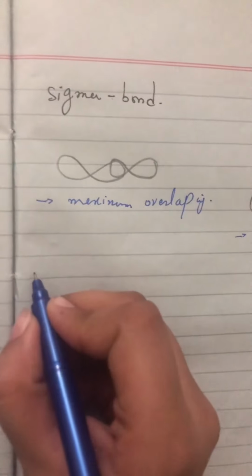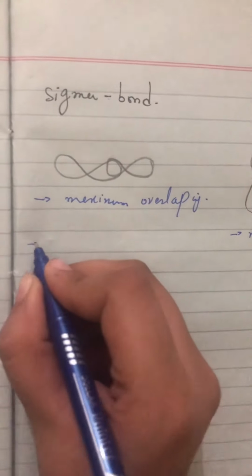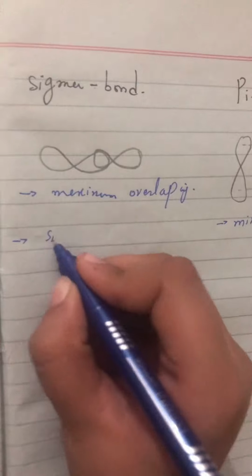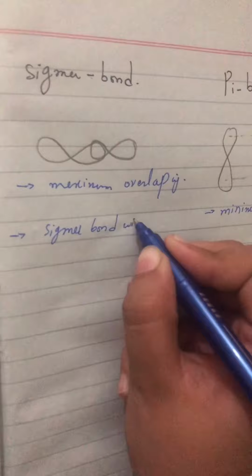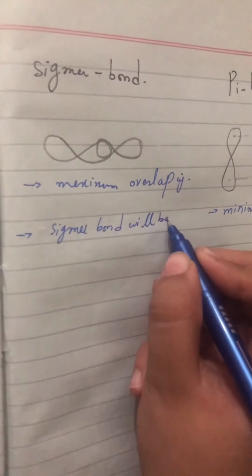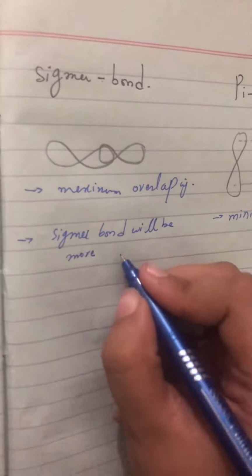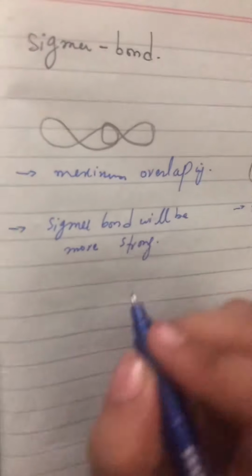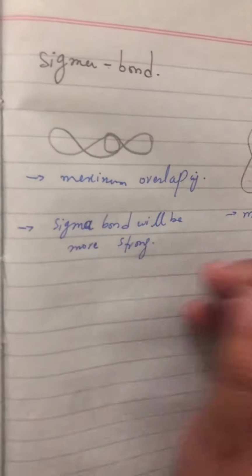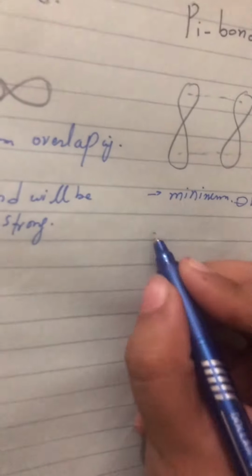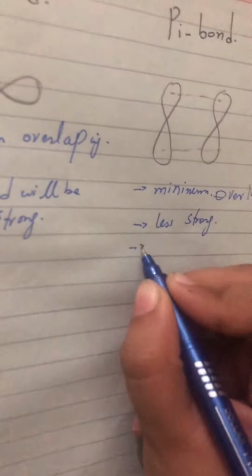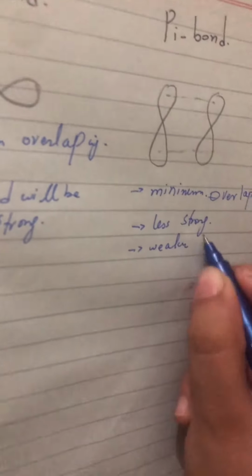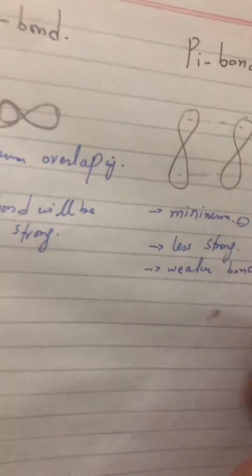After that, another point is that sigma bond will be more strong, and the pi bond will be less strong, or we can say a weaker bond.